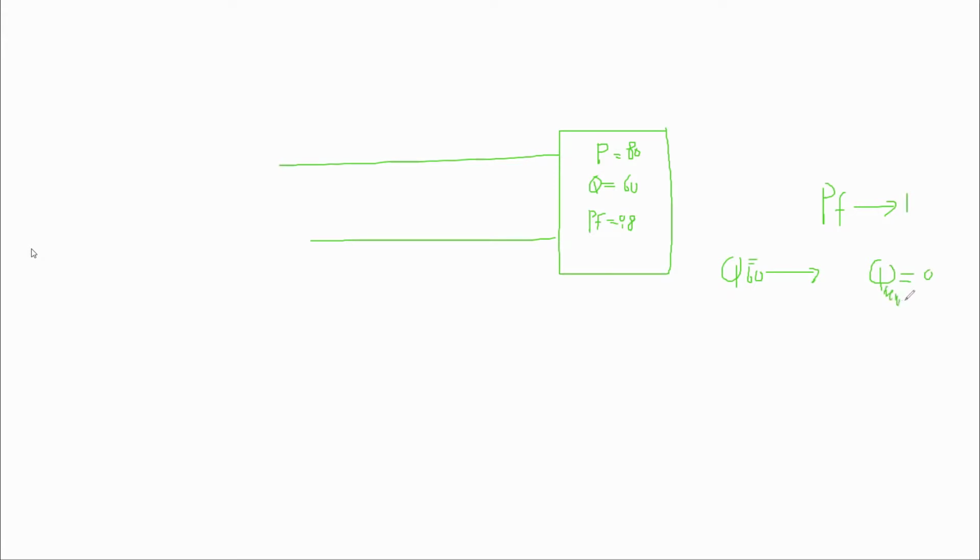How can you reduce Q? You have to add to the system negative Q. What's going to give me negative Q? A capacitor. So we're going to add a capacitor in parallel. This capacitor will give me negative Q. These two together will have a power factor of 1.